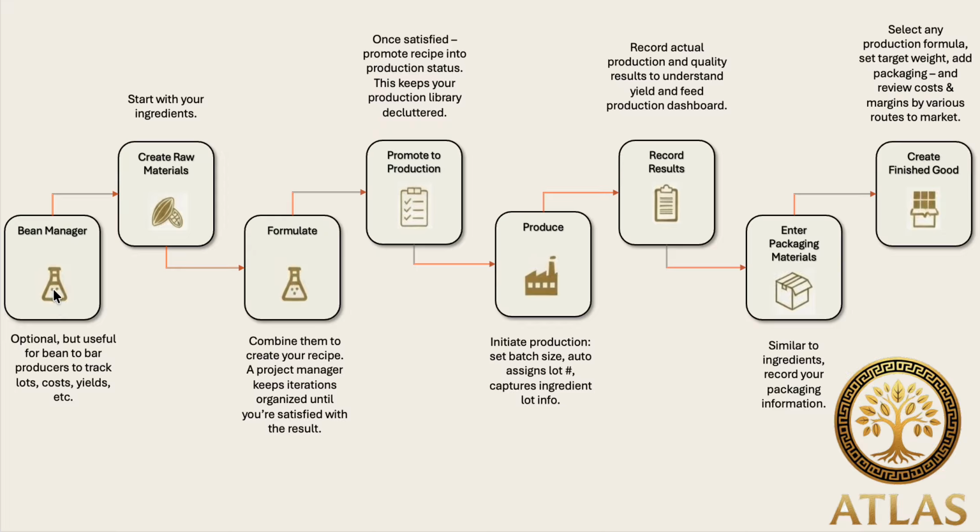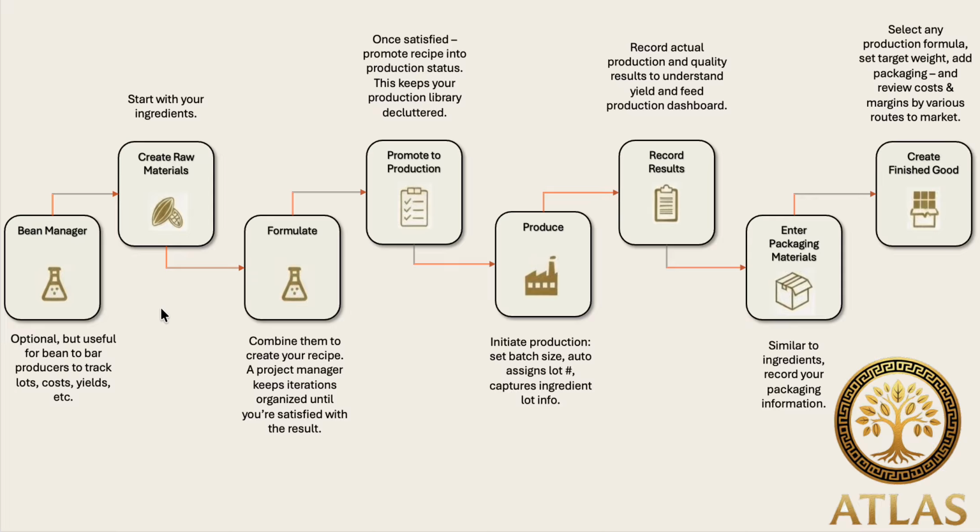It will automatically export nib, processed, cleaned nib data into your raw materials manager. But this is also where you will enter all the rest of your raw materials. And so your milk powders, your sugars, your cocoa powders, your cocoa butters, whatever raw materials you want to use to build your products are going to reside in your raw materials manager.